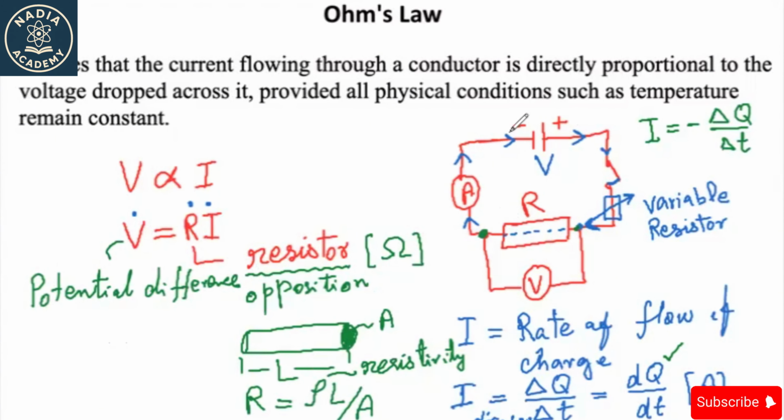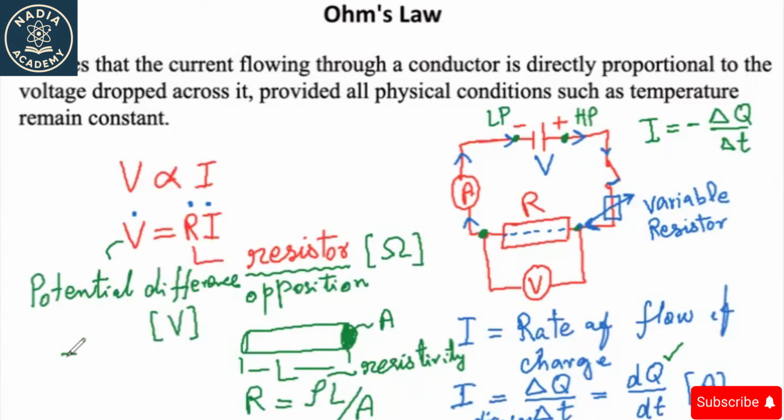The potential difference of this battery means the potential difference between a point which is at a higher potential and one which is at the lower potential. The units of this potential difference are volts. So what is the definition of the potential difference?